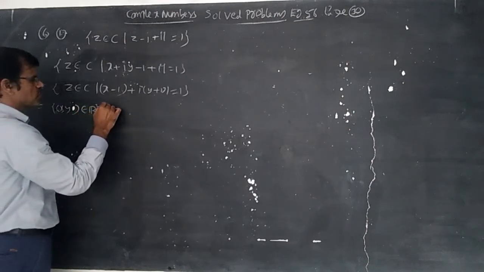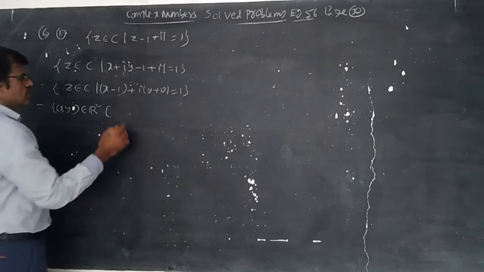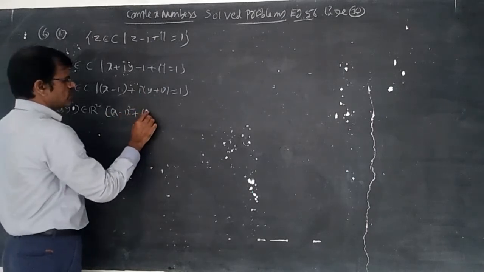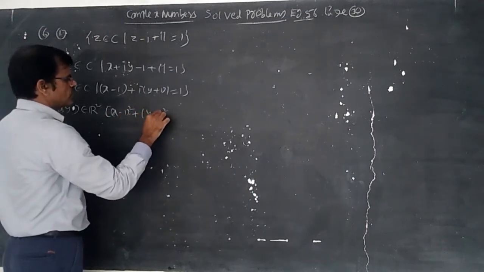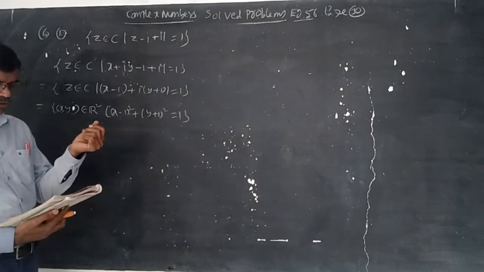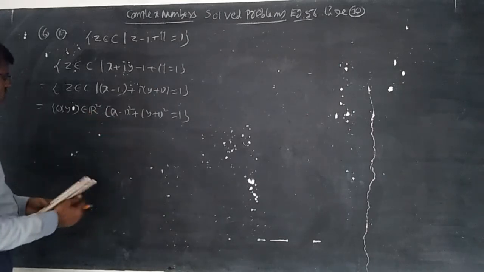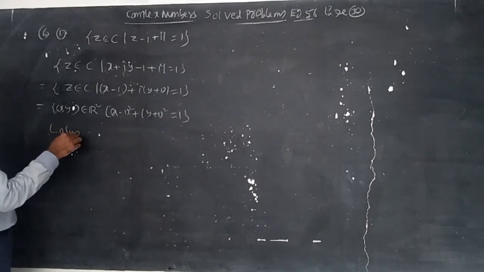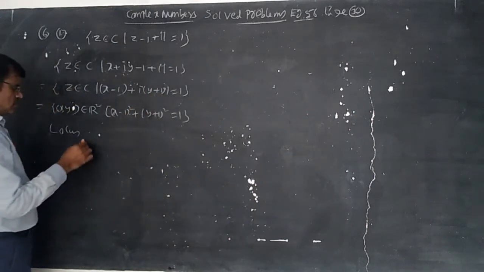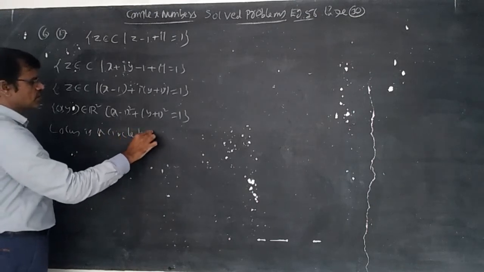Modulus means root of x square plus y square, so this can be written as (x minus 1) whole square plus (y plus 1) whole square is equal to 1. R square means x and y are both real numbers. We got the locus, students; I have directly written it by the squaring process. The locus is a circle having center (1, minus 1).